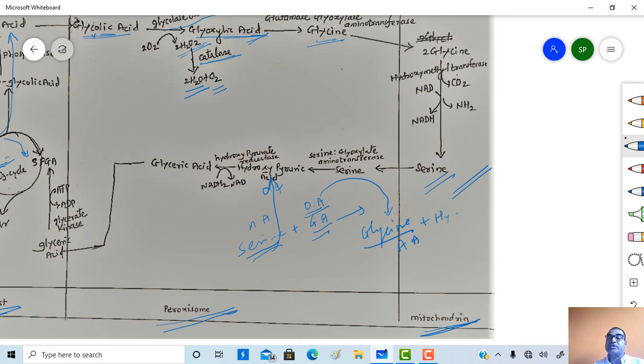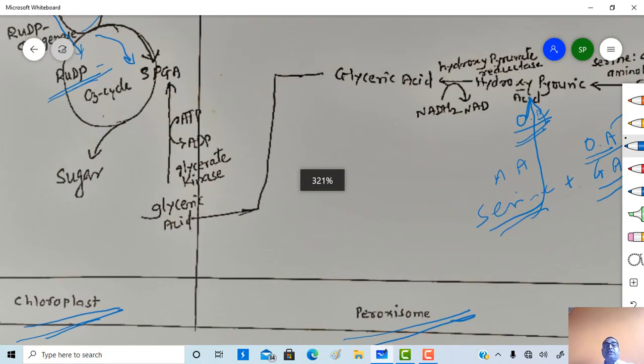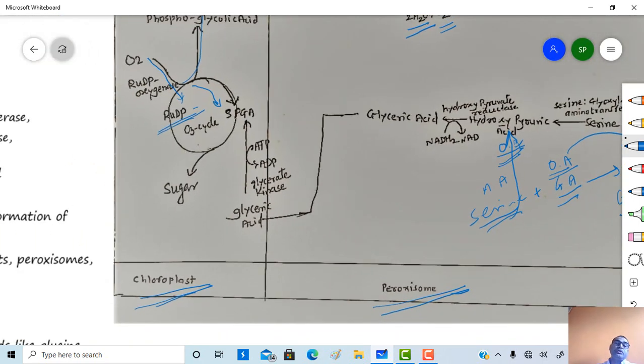hydroxypyruvic acid, which is an organic acid. So serine is converted to hydroxypyruvic acid, which is converted into glyceric acid, and again this glyceric acid enters into the chloroplast, and from the glyceric acid phosphoglyceric acid is produced, and this phosphoglyceric acid is the well-known intermediate of the Krebs cycle.